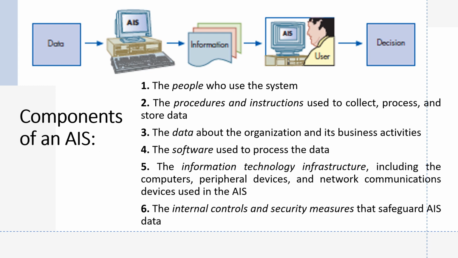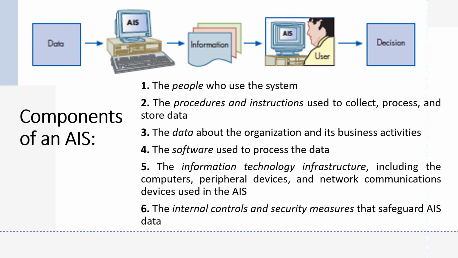So we have different components of the AIS. The first one is the people, or we call it personnel. That is the people who use the system. The second one is the procedures and instructions, which are used to collect, process, and store the data.